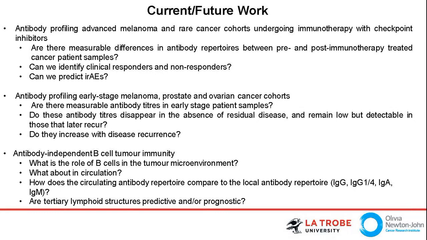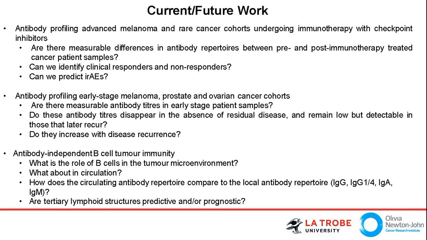Importantly, we're quite interested to see whether or not antibody titers disappear when you have curative surgery, or if when you have residual disease, these levels remain there, but at low levels. And of course, because protein arrays are much more sensitive than your classic ELISA, we could potentially see them. And similarly, whether they increase or not with disease recurrence.